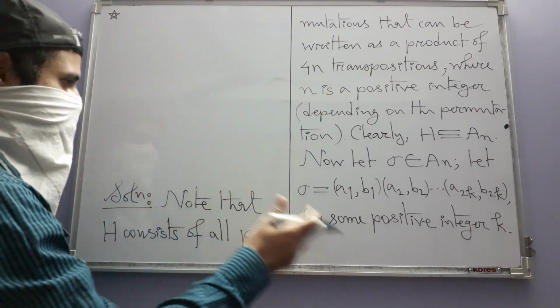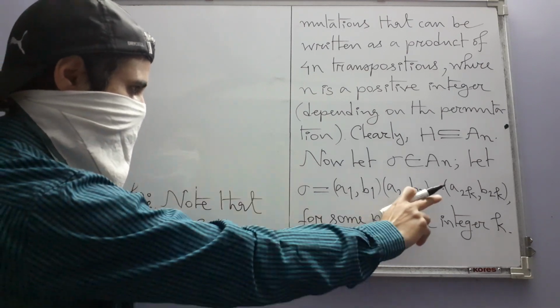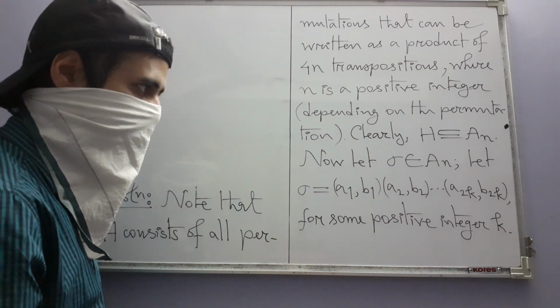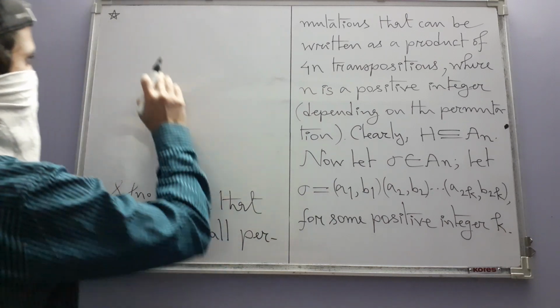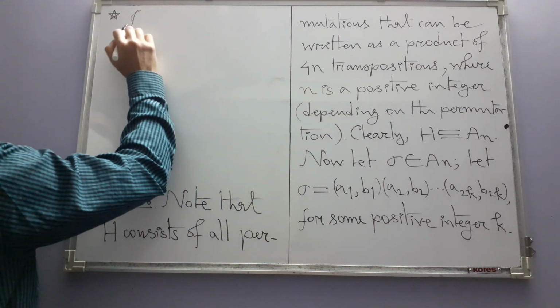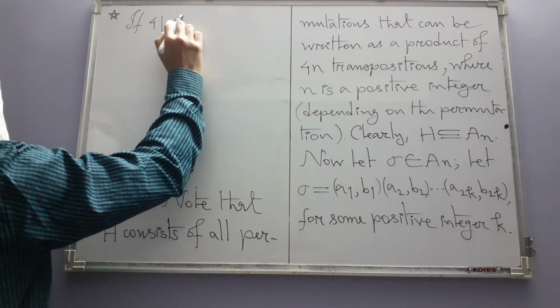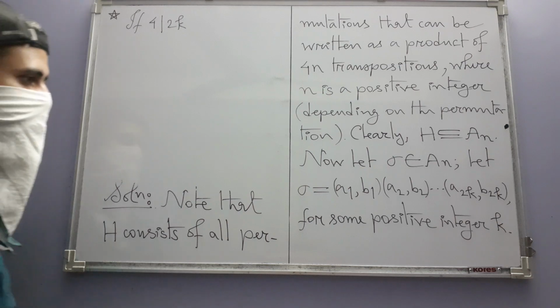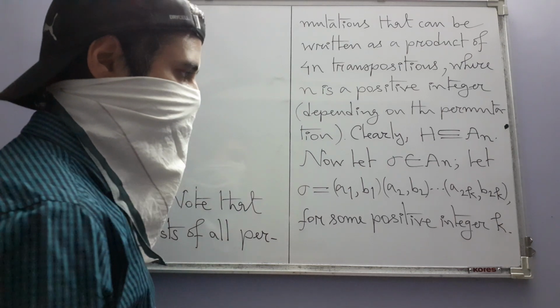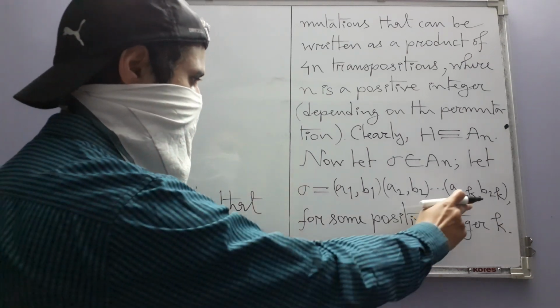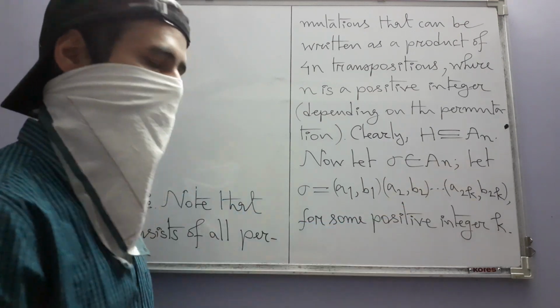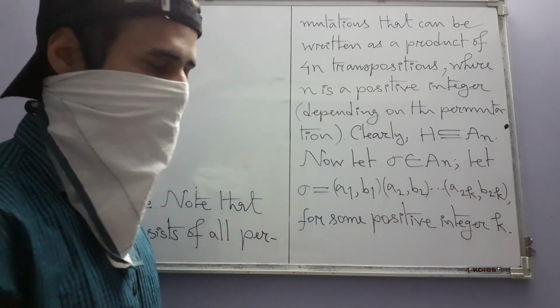Now two cases arise depending on what type of number 2k is. If 4 divides 2k, that is a possibility. The positive integer 2k may be divisible by 4.